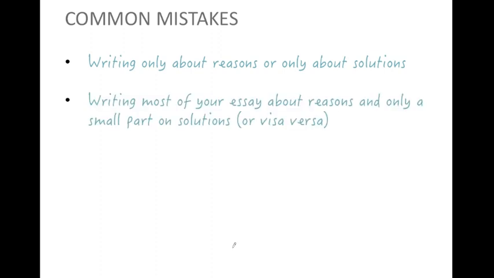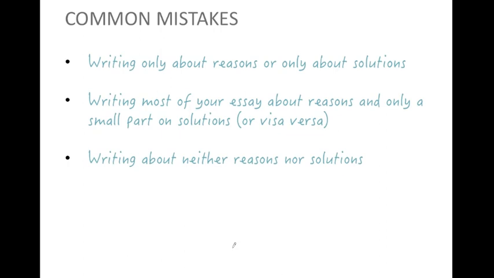The most common mistakes that I see in a lot of candidates who are not able to score well in the writing section of IELTS is that they write only about the reasons or only about the solutions. So they are just addressing one part of the question, not the other. Or they are writing most of their essay about the reasons and only a small part about solutions, or vice versa. So they are focusing a lot of their attention on only one part and not the other.